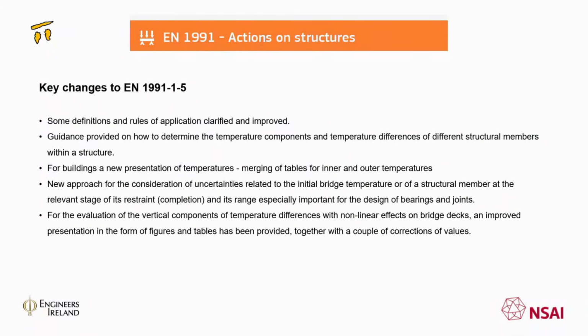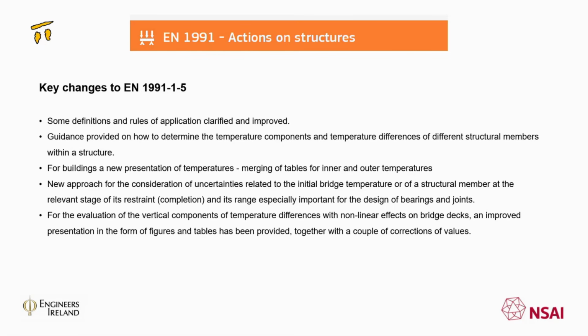For buildings there's a new presentation of temperatures, and there's a new approach given for the consideration of uncertainties related to the initial bridge temperature or of a structural member at the relevant stage of restraint or completion, which is important for the design of bearings and joints.